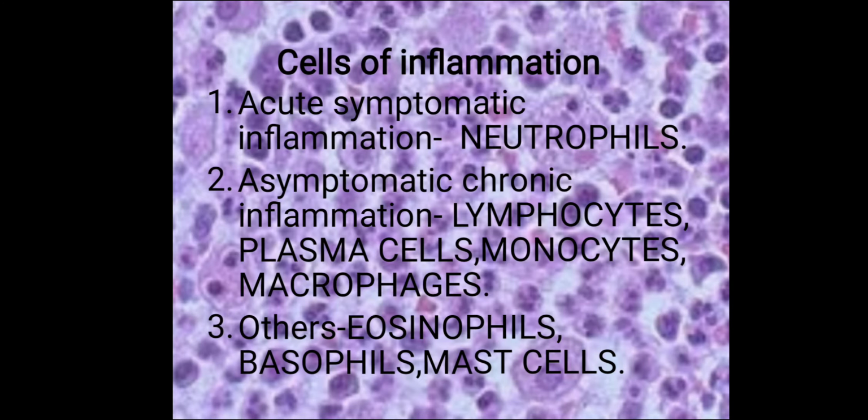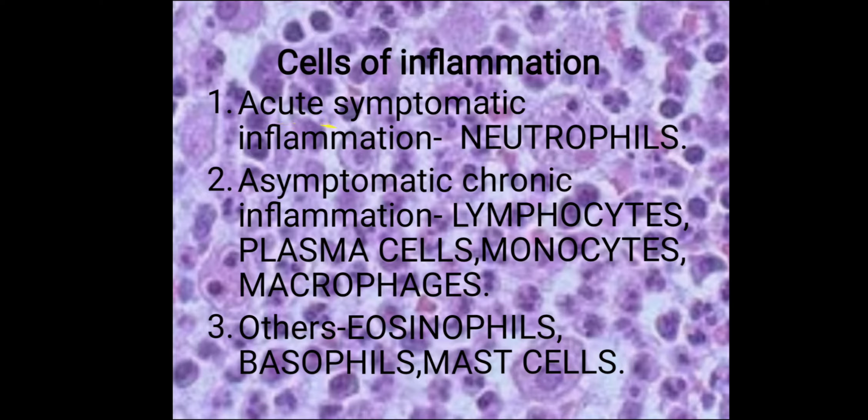Cells of inflammation. In dental pulp and periradicular tissue, inflammation may be either symptomatic or asymptomatic. These two stages can be recognized only at the histological level and depend on the type of cells in the lesions.